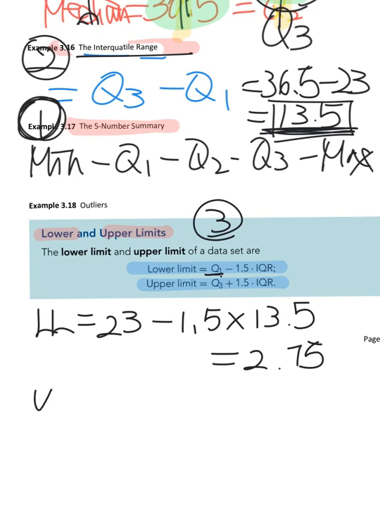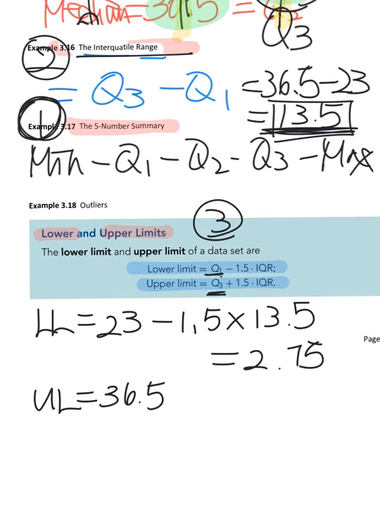Upper limit, Q3. How much was the Q3? 36.5. Now, addition. Be careful. For the lower limit, we took subtraction.